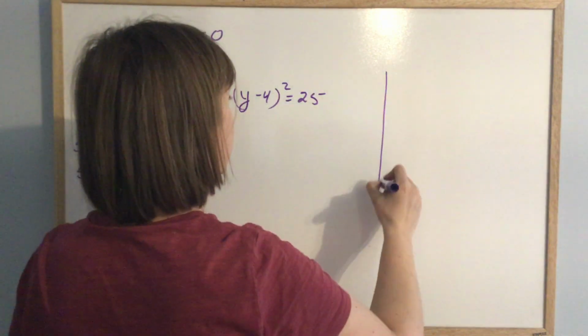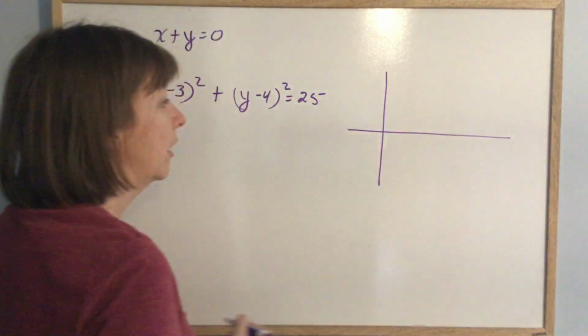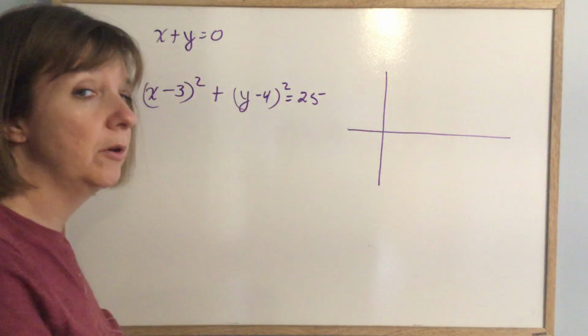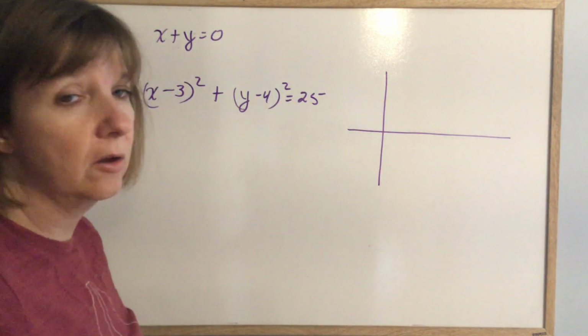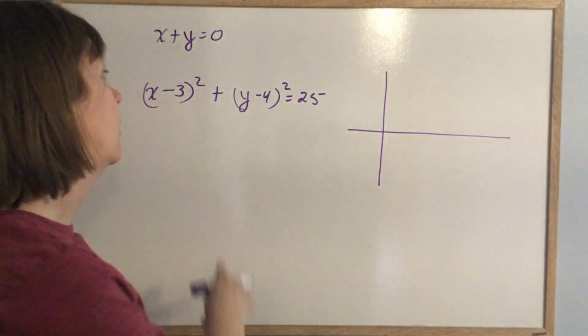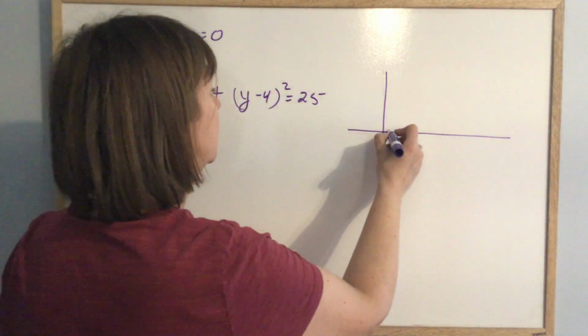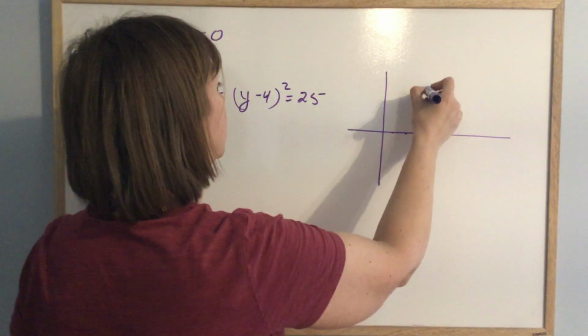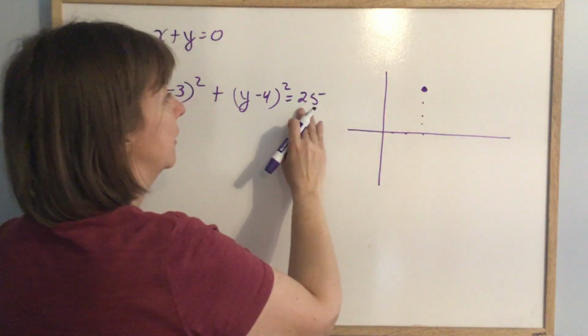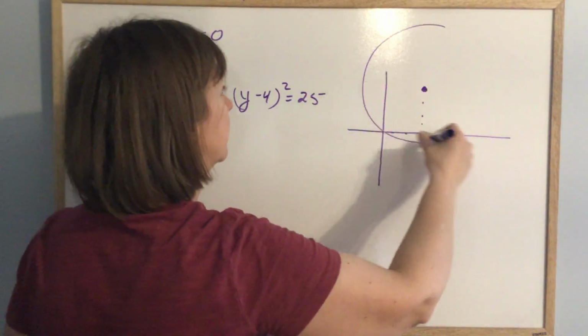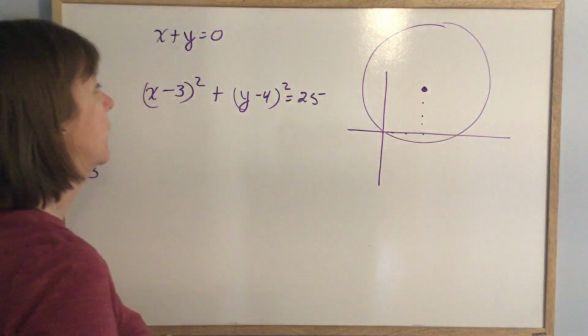So again, if it helps you to draw, it doesn't even need to be super accurate. You've been noticing I've just been sketching. That's all I'm doing. So my center would be 3, 4, and my radius would be 5, so it'd be something like that.